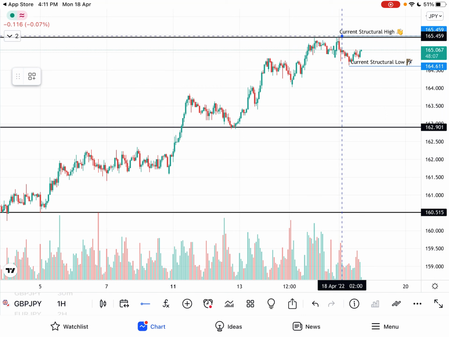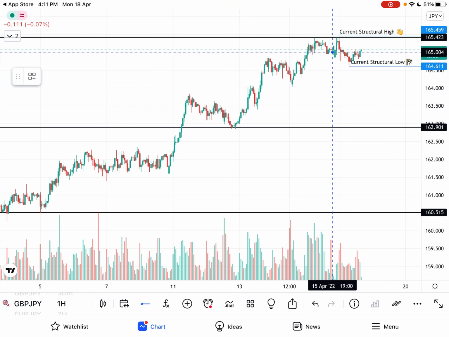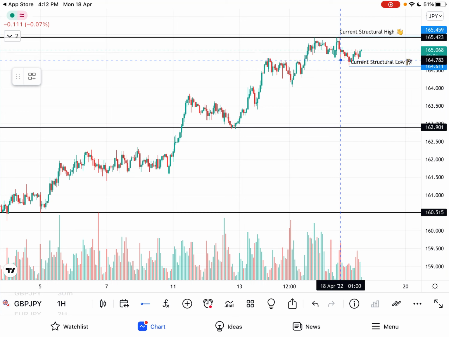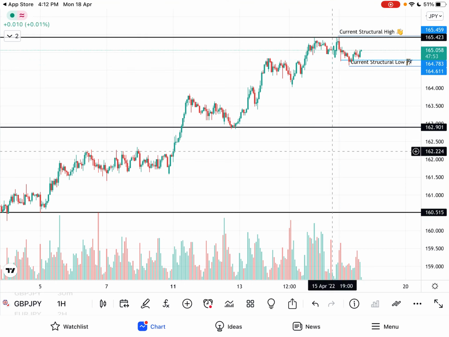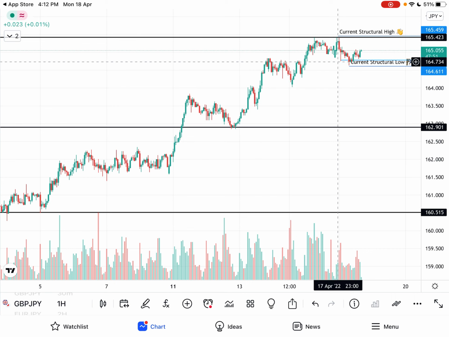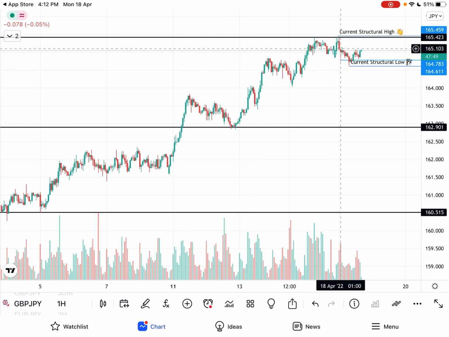So when the market got to this high and then dropped to this low, right? It got to this high and dropped to this low. It put in this low. Then later from this low, you see that the market went up.